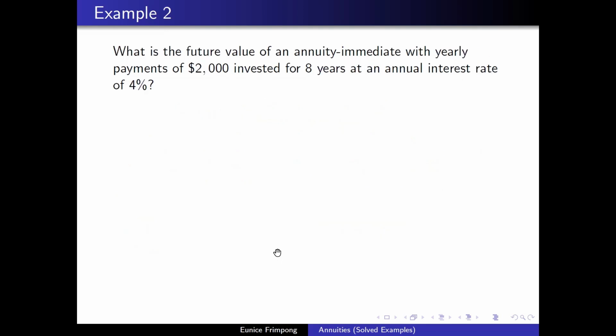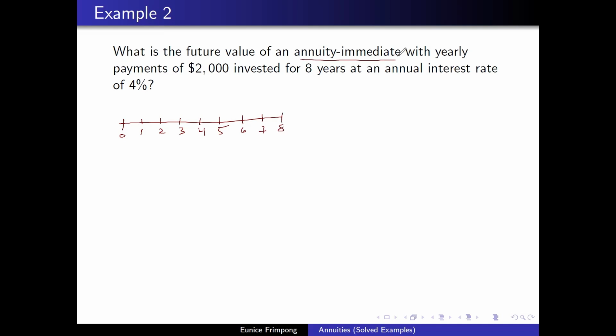Question 2. What is the future value of an annuity immediate with yearly payments of $2,000 invested for 8 years at an annual interest rate of 4%? I would like to put all this information on my time diagram. There are 8 years involved here. So 0, 1, 2, 3, 4, 5, 6, 7, 8.